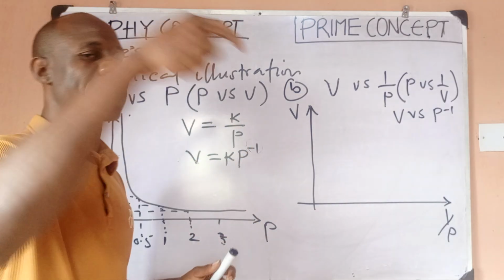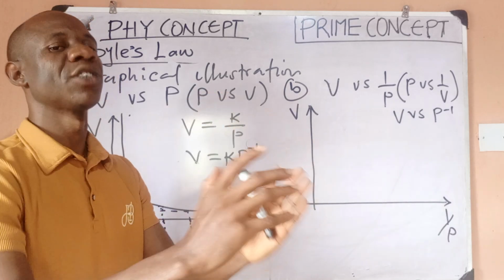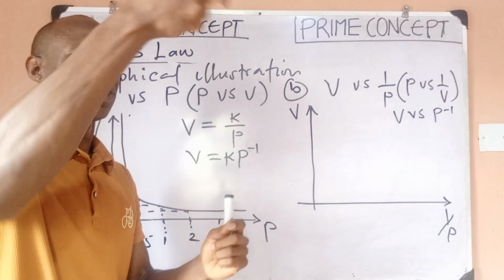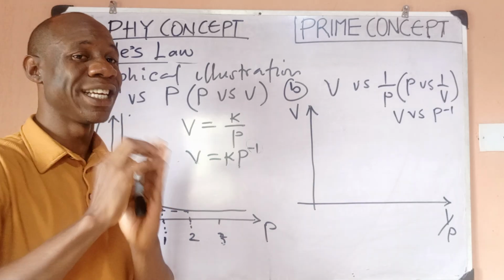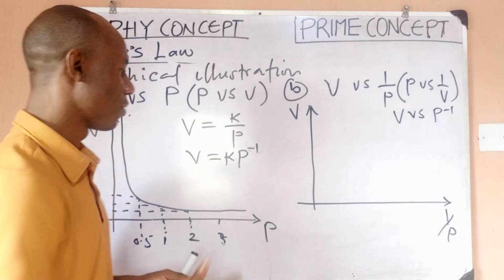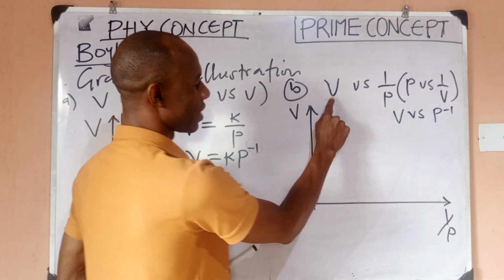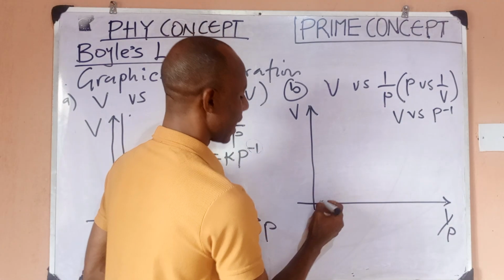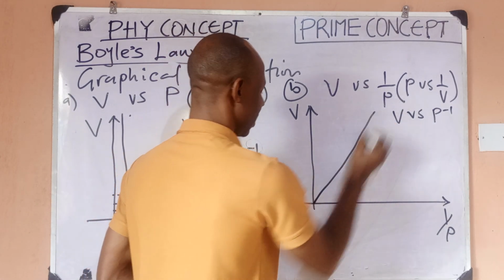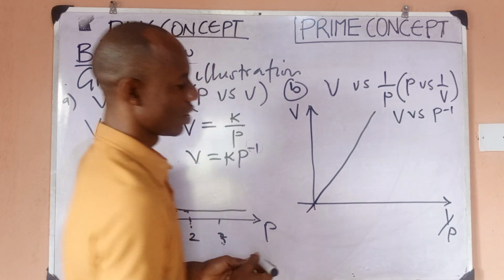When you are plotting together with the power, you're going to have a straight line. But when you're not considering the power in your plotting, you are plotting only the quantity, ignoring the power, then you will have a curve. So take note of that. So plotting volume against 1 over P, I would have a straight line that goes through the origin like this. So this is what I would have.